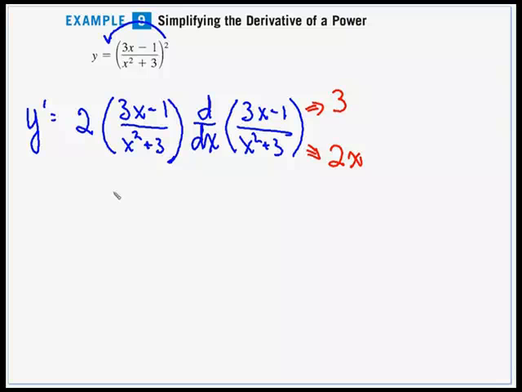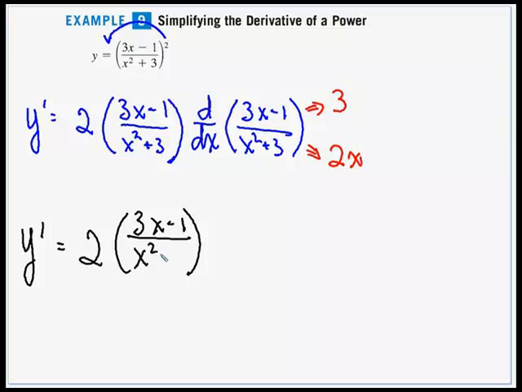So continue on with y prime. We have 2 times our quantity. And the derivative here, quotient rule. Low d high, so 3 times that denominator. 3 times the quantity x squared plus 3.